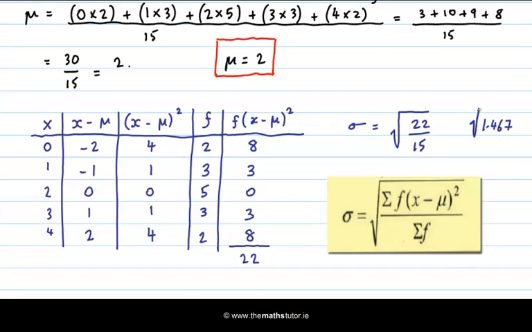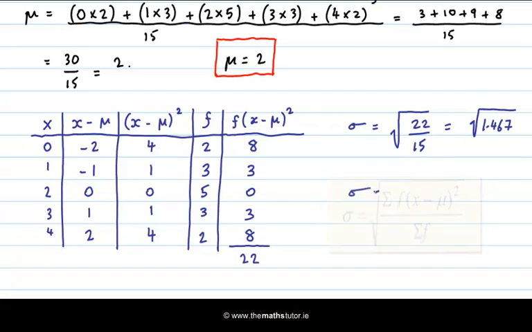And then we get the square root of that, and we get that sigma is equal to 1.211, to 3 decimal places. So we have found by hand the mean and the standard deviation of our frequency distribution. In the next video, I'll show you how to get the same results using your calculator.